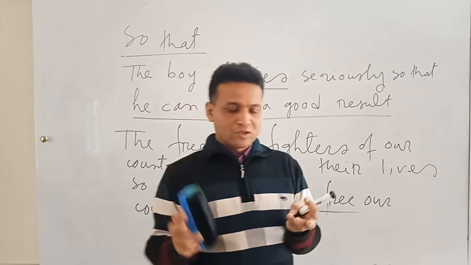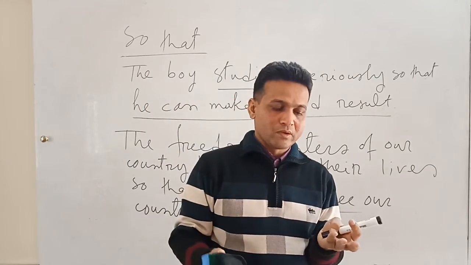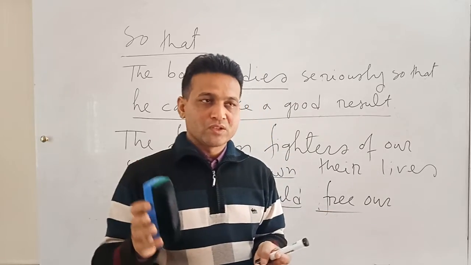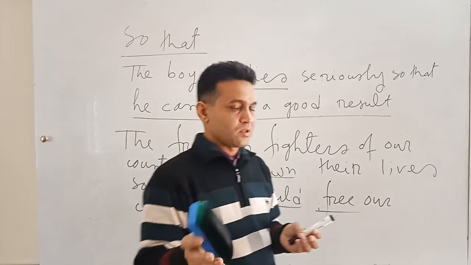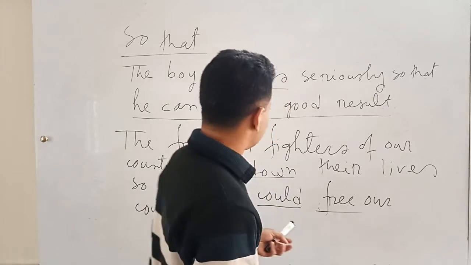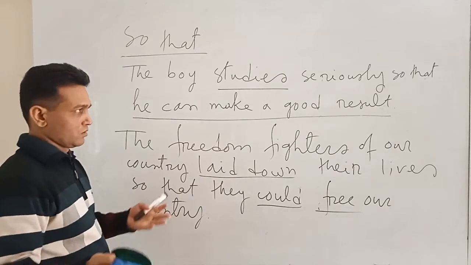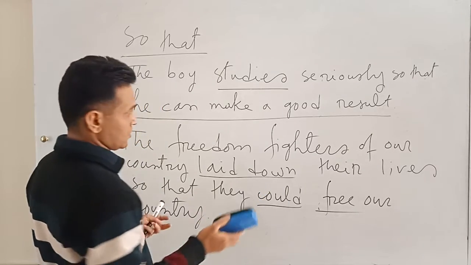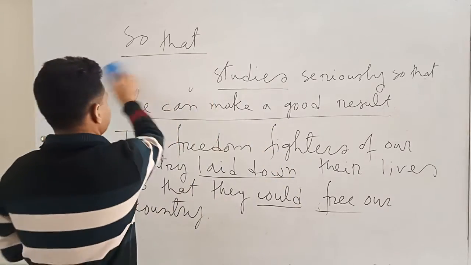If the given clause is in present indefinite tense, you have to use subject plus can and base form of the principal verb. And if the given clause is in past indefinite tense, you have to use subject plus could plus base form of the main verb. So this is the format of connecting two clauses or completing sentence containing so that.